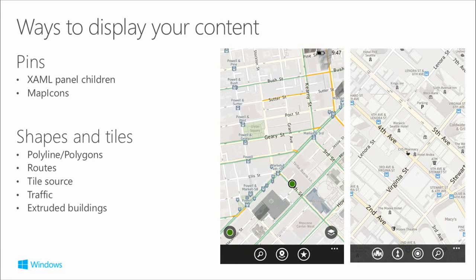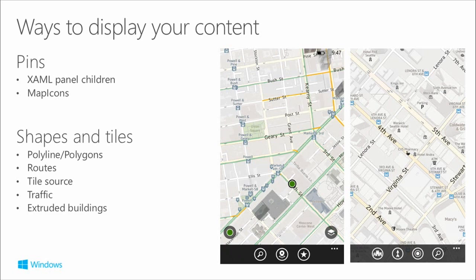So, all the ways to display your content. There's two big ways to do it. The first one is pins, and the second one is shapes and tiles. The pins category has these XAML objects that we've attached to the map, and then the map icon objects that are native rendered. Very high performance way of displaying images and text, but not interaction.